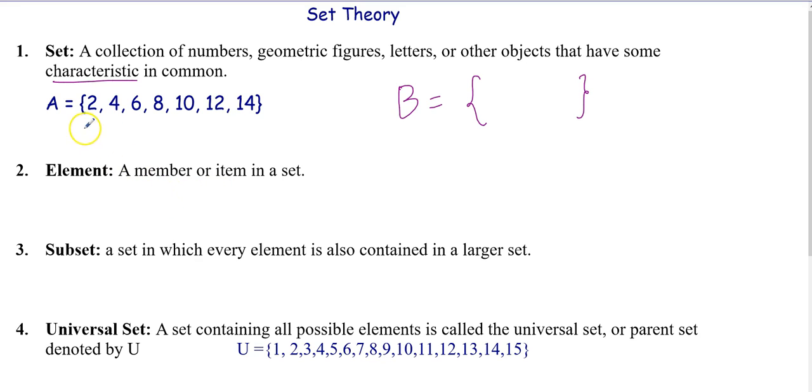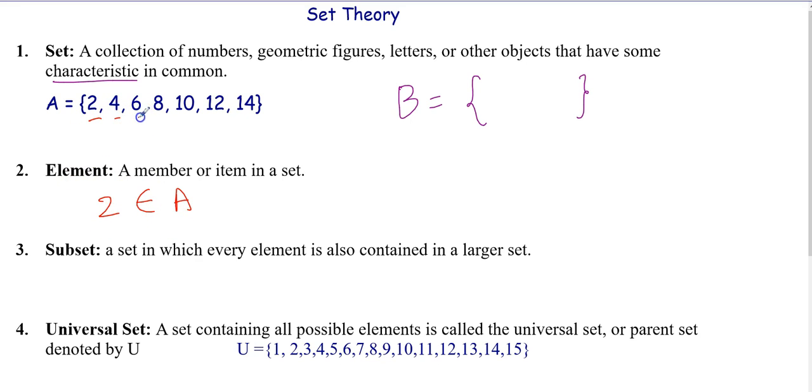So in this example, we had A equal to all the even numbers up to 14. So all these numbers, like 2. 2 is an element of A. I can write 2 belongs to A. 6 belongs to A. 10 belongs to A. All these numbers, they are the members of the set A. That's why you can say it belongs to.